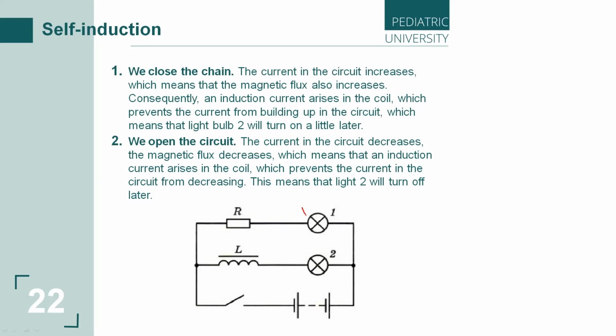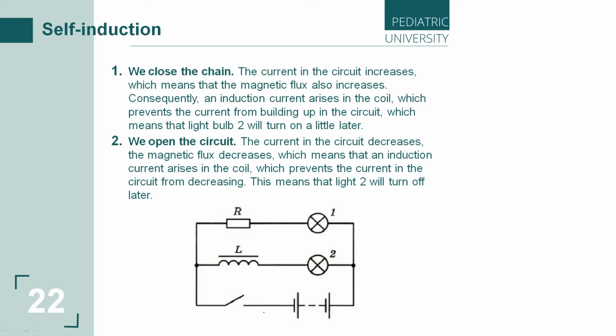It turns on firstly, this one turns on secondly, because in the coil the induction current will arise with the opposite direction to our current. Because we will have a change in current at the beginning. So consider the opposite situation and try to determine which light will turn off first. Turn off now.